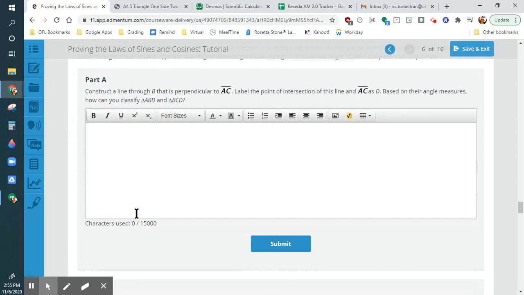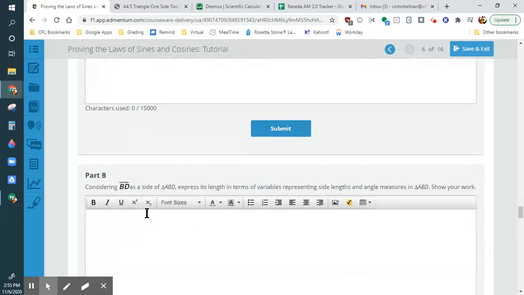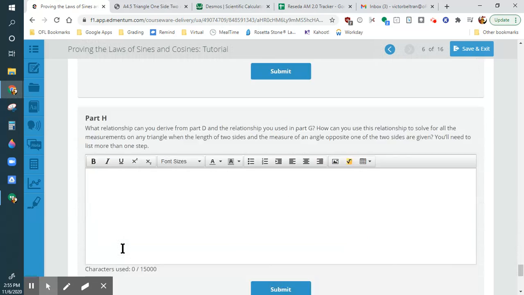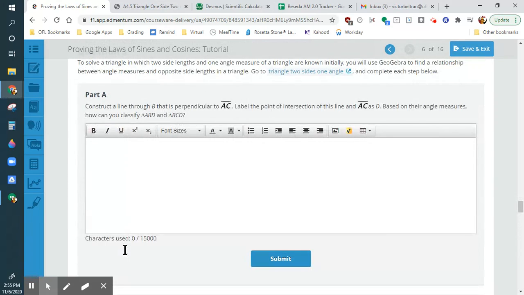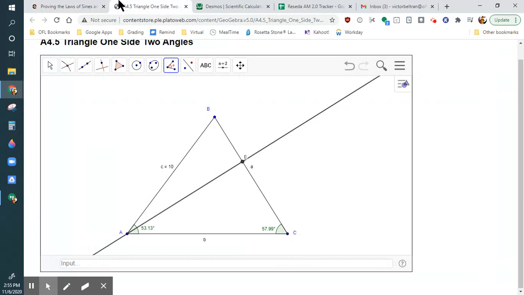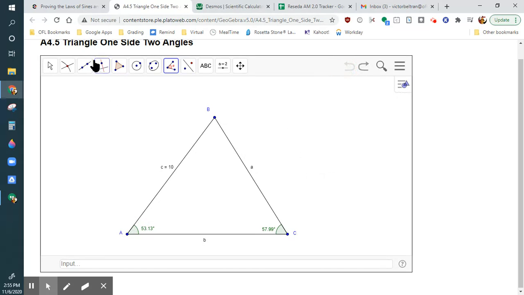Construct a line perpendicular to this based off the angle. Are we really going to do it again? Yep, they're really having us do it again. They love the repetition of it. All right, so construct a line through point B that is perpendicular to AC. So I'm just going to use the same triangle.